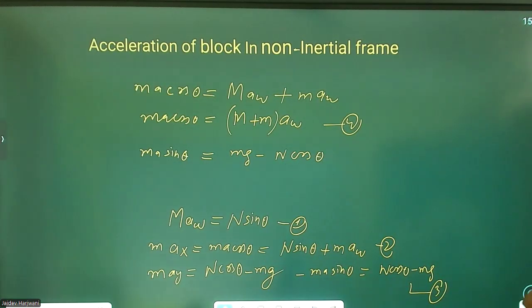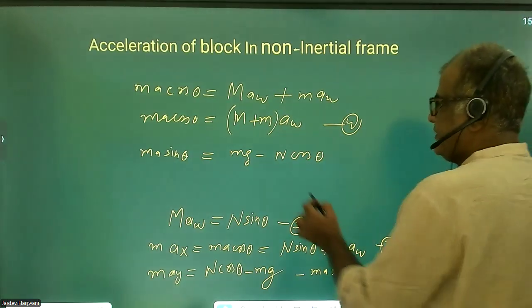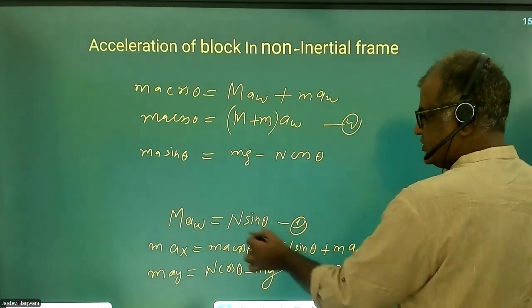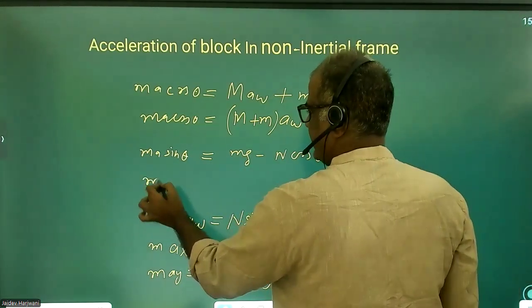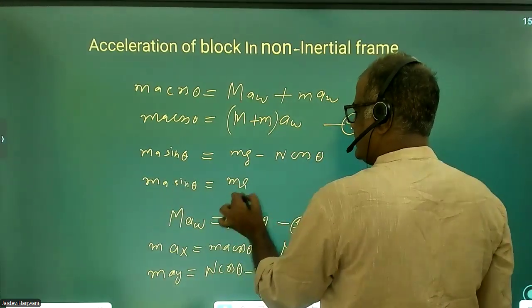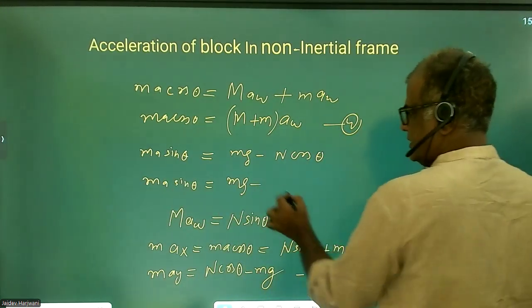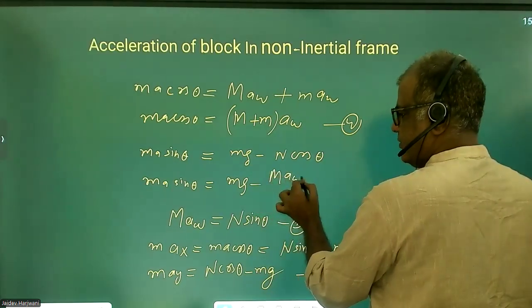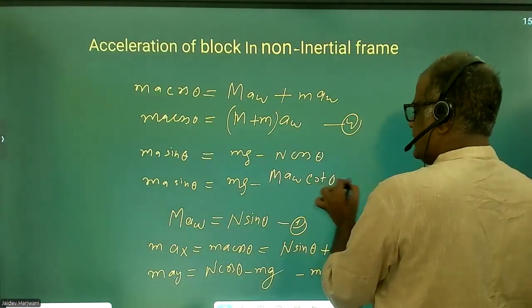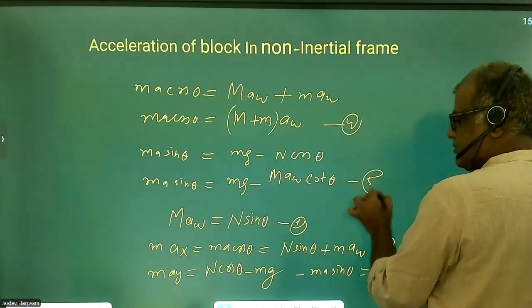Now again, I can replace this N here with the value from equation 1. So m a sine theta will be mg minus M a_w upon sine theta times cos theta, which becomes cot theta. This is my equation number 5.